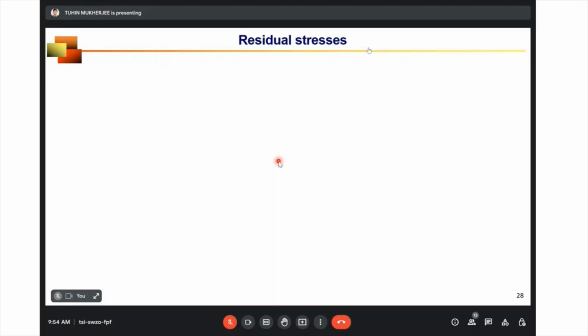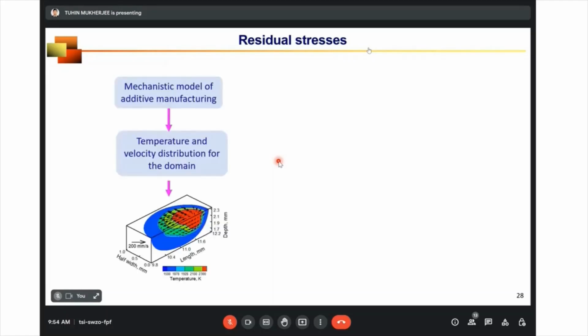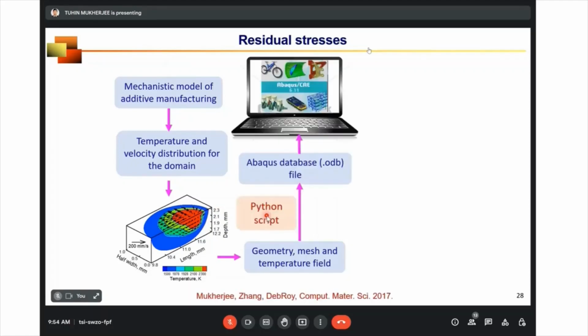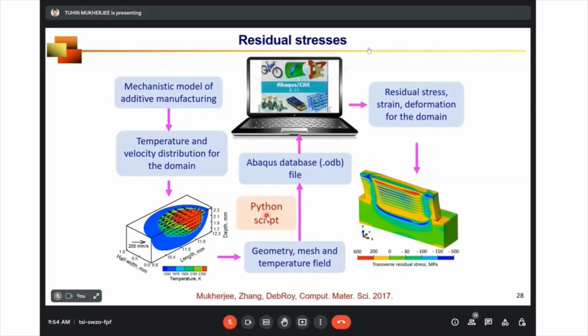So at Penn State, we actually started from the heat and fluid flow model, calculate the accurate temperature field by considering the effect of convective flow, and then export the temperature field along with the geometry and mesh to a commercial package, Abaqus, which effectively calculates the residual stress, strain, and deformation accurately.